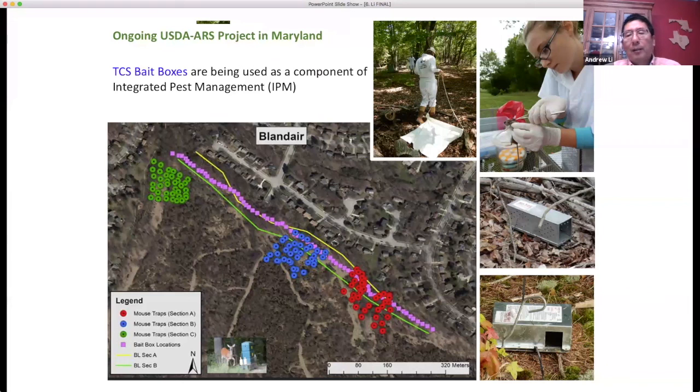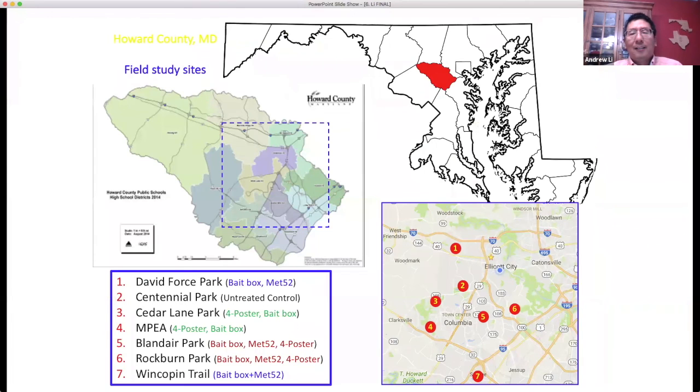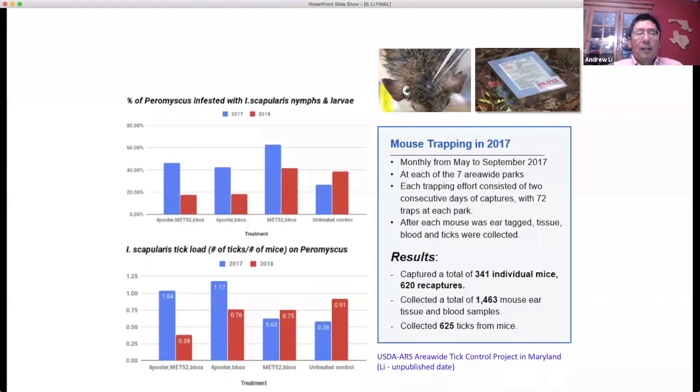So we do use bait box and metofit, also the 4-poster. This is just to show the deployment at the homes, one of the locations. Next slide. Next slide, please. Yeah, so again, we have 7 locations. Previous one.